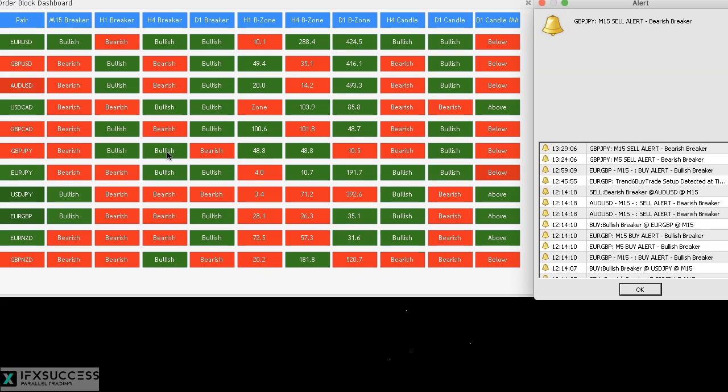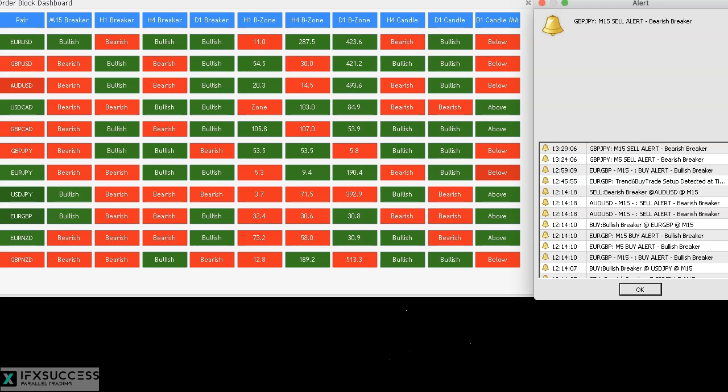You take a quick look at your dashboard and say, you know what, I have a 4-hour bullish breaker, and at least I would like the daily candle going bearish as well, so I can maybe go in here. If you want to go against your 1-hour and 4-hour, at least I would like my daily candle to be bearish, going in my direction. Look, right now this candle turned bullish, so this is not a strong entry.